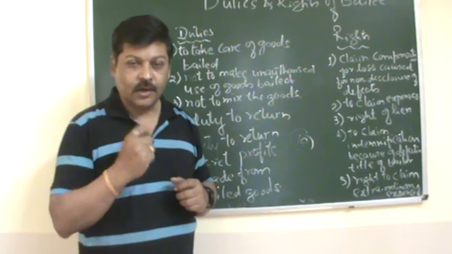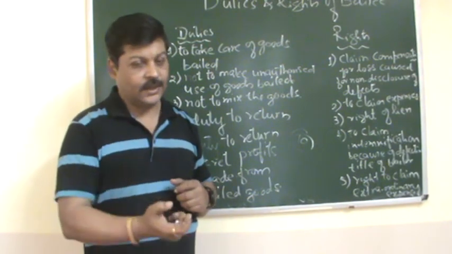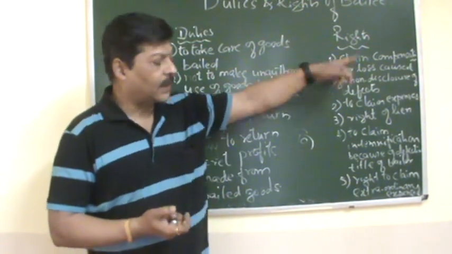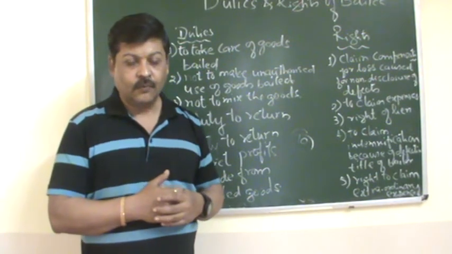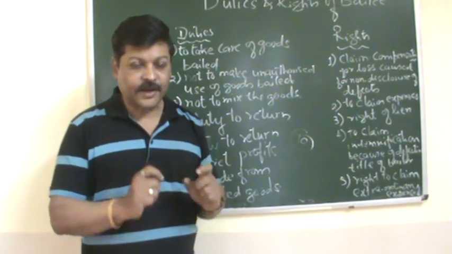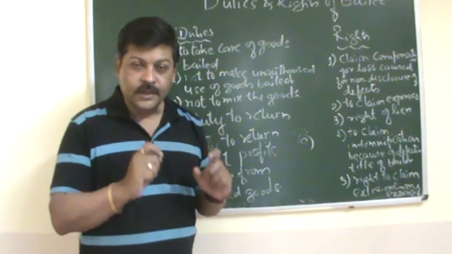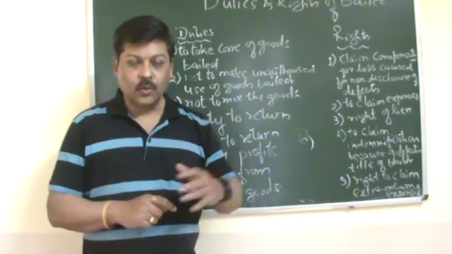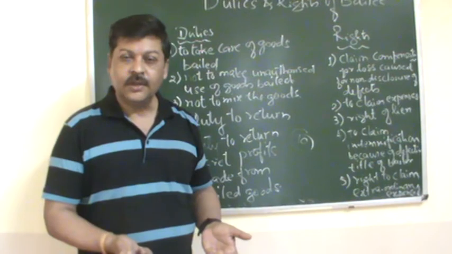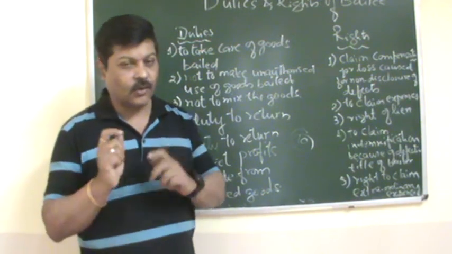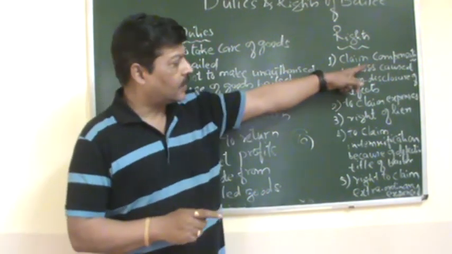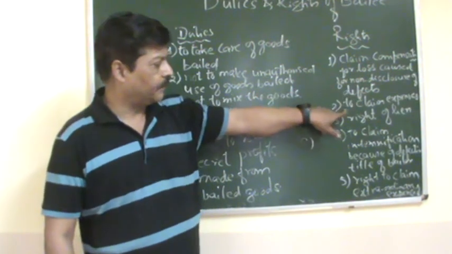If he has not disclosed them and any loss is caused to the bailee, he can claim compensation. For the loss caused by non-disclosure of the defects in the goods, the bailee has the right to claim compensation.